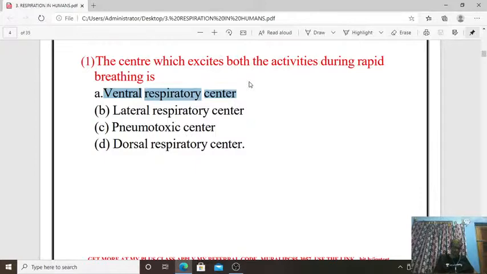Inspiration and expiration, inhaling and exhaling. Both actions happen very fast, and that is because of the excitation initiated by this ventral respiratory center of the brain. So first question, answer is A.